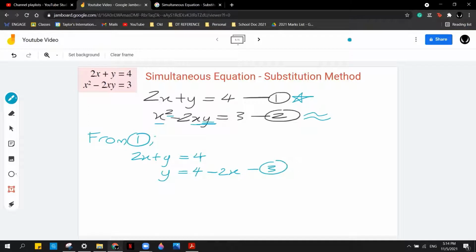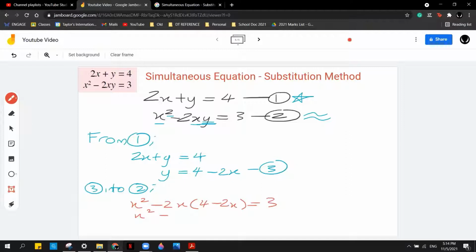From equation 3, we're going to substitute 3 into 2. In equation 2, we have x squared minus 2xy, and y is now substituted with equation 3, which is 4 minus 2x, equals 3.